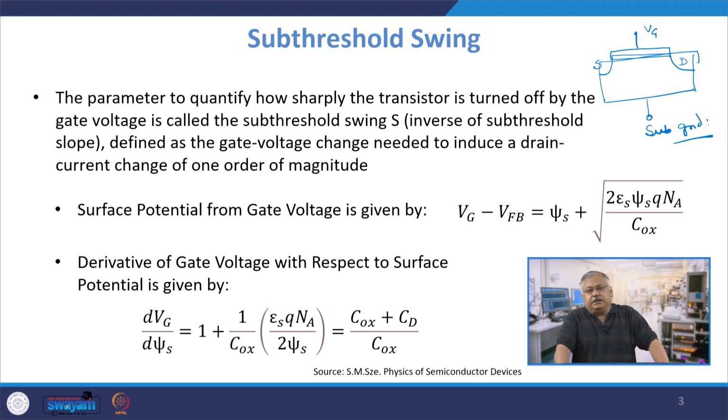When the substrate is grounded and you go on applying the gate voltage, this is p type, and you want to make it n type. This is basically an enhancement mode n type transistor which I am talking about. So, if you go on increasing the gate voltage, this is a positive gate voltage which you are applying, so electrons from the substrate, which are minority carriers, will be pulled here, and the holes will be pushed backwards, right. So, there will be a sort of a p-n junction which will be formed.